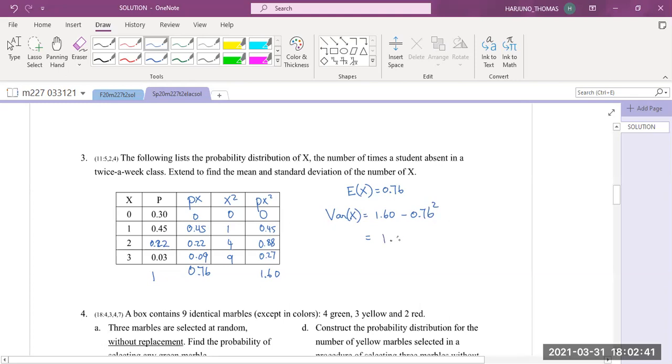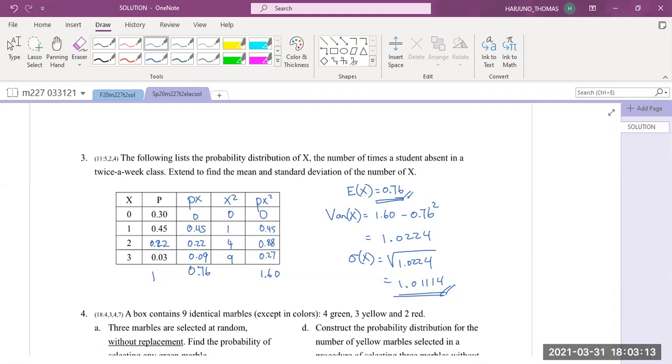I get 1.0224. Therefore, the standard deviation is the square root of that number. It's 1.01114. Okay, so that's for number 3.